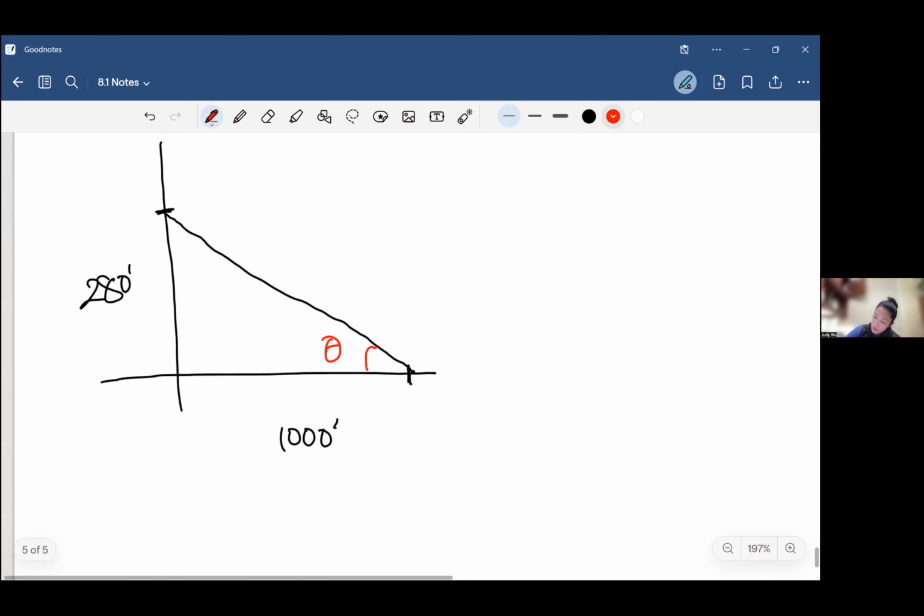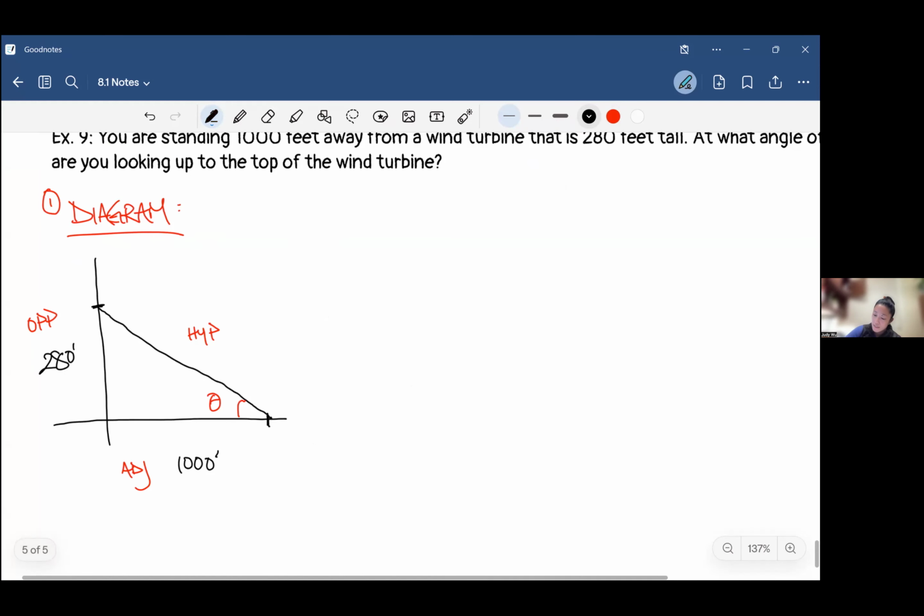So now that we've got an angle, I know that this is the hypotenuse, but that makes the 280 the opposite side, and it makes the 1,000 the adjacent side, okay? So we can kind of see why it's so important that we know how to label the different sides, because that helps us choose which trig function we want to use.